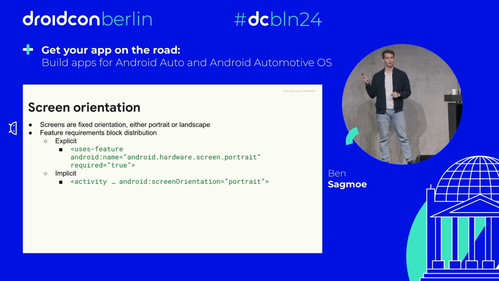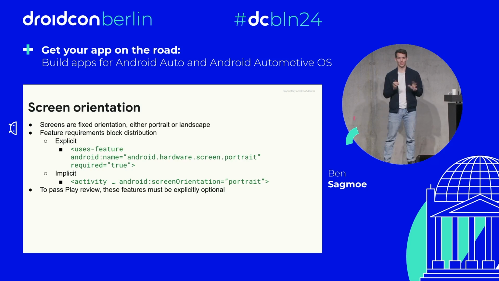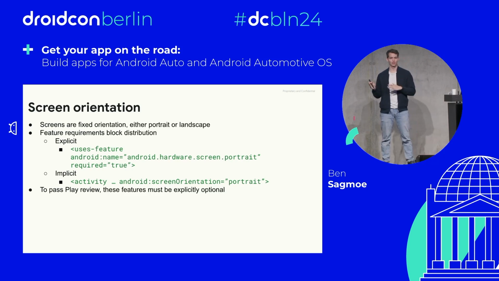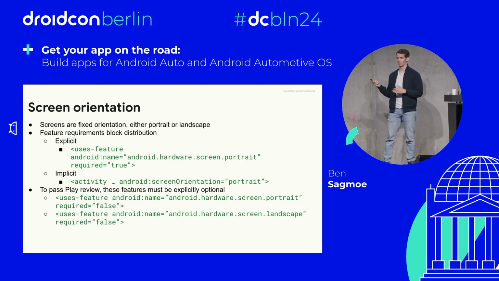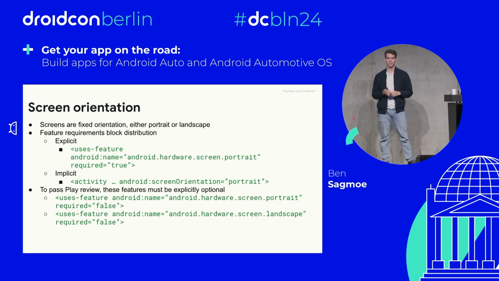For example, if you have an activity that says my screen orientation is portrait or landscape portrait or centered portrait, then Google Play assumes from that, oh, I actually require this device to have a portrait screen, so I'm not going to send this to any landscape devices. So to pass Play review, currently you have to explicitly say that you only want these features to be optional. That means saying required equals false for both the portrait and landscape feature.